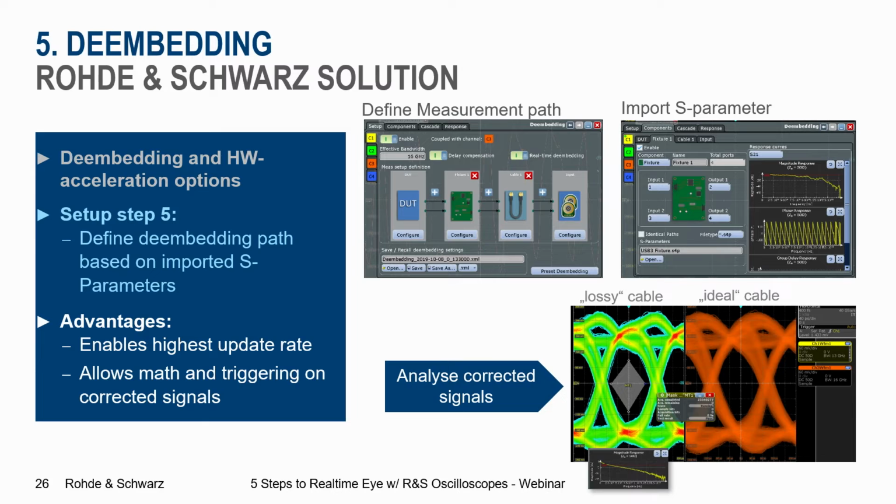With this approach of having filter structures in real time, we can maintain the high acquisition rate of the ROHDE and SCHWARZ oscilloscopes, and with de-embedding we can continuously collect the data bits very fast. So these were the 5 steps for setting up an eye diagram.